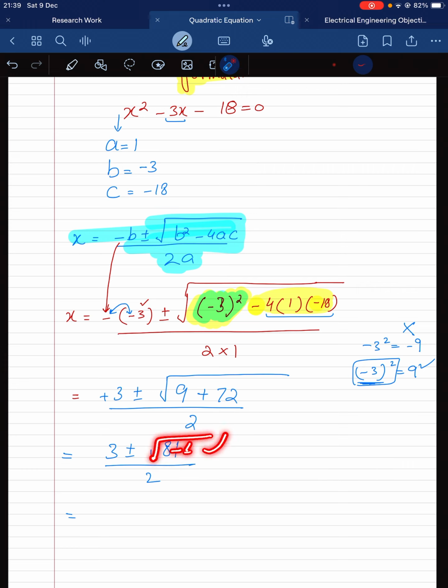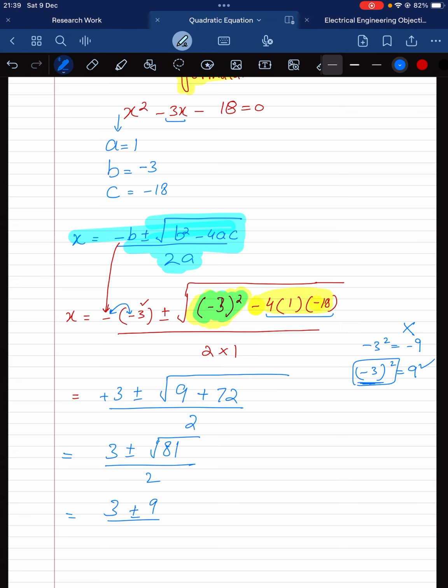If you get a minus value under the root, it means you are doing something wrong, so you have to check the calculation again until you get a positive value inside the under root. Okay, then now we know that 3 plus or minus the square root of 81, which is 9, over 2.